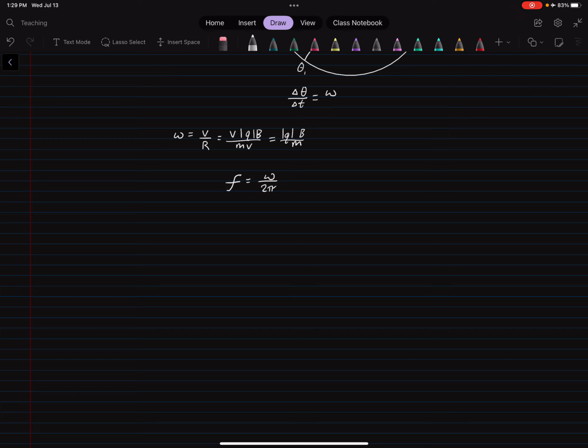There's some angular frequency omega, which is angle per time, so it has units of radians per second.